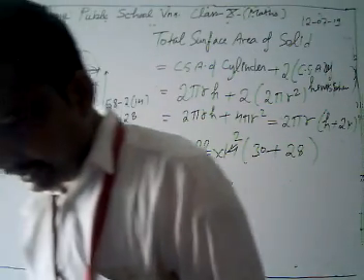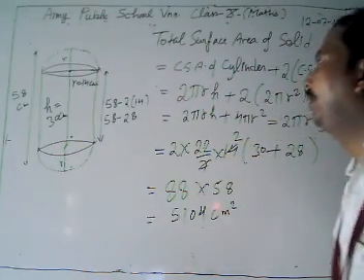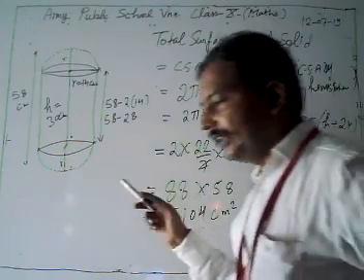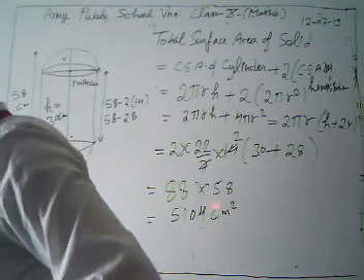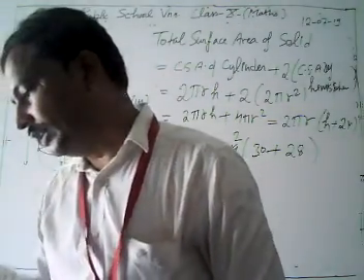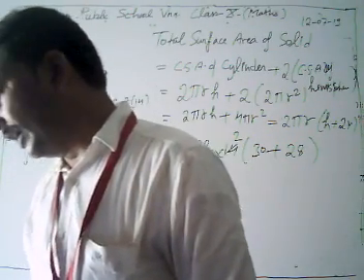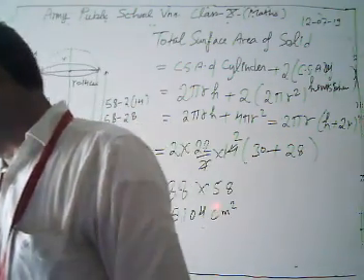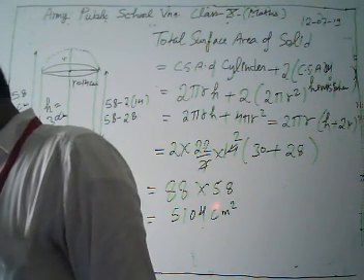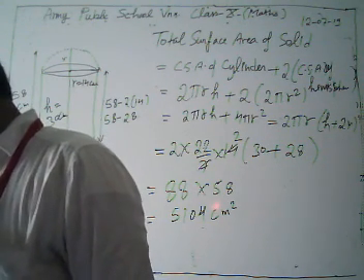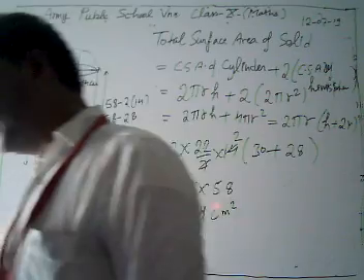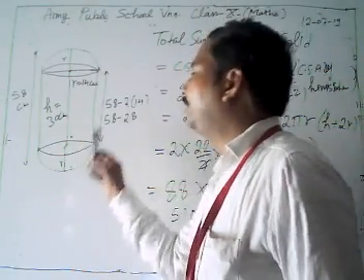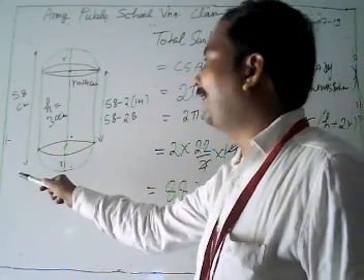Now I am going to revise this problem again. We are given a solid in the form of a right circular cylinder with hemispherical ends. The total height of the solid is 58 centimeter and the diameter of the cylinder is 28 centimeter. We have to find the total surface area of this solid. First the rough figure: total height is given as 58.